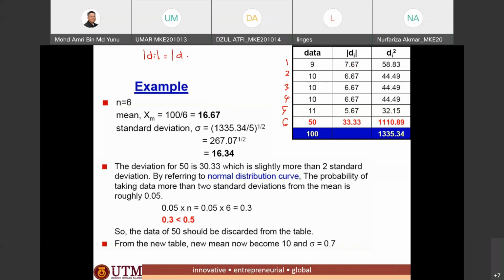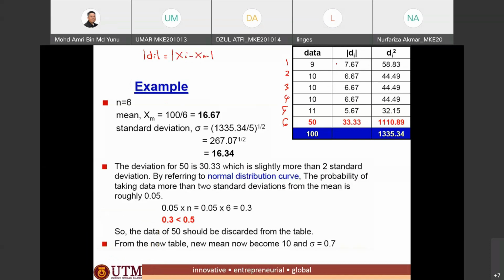D_i is basically the actual data, let's say the data set is X, minus the mean value.